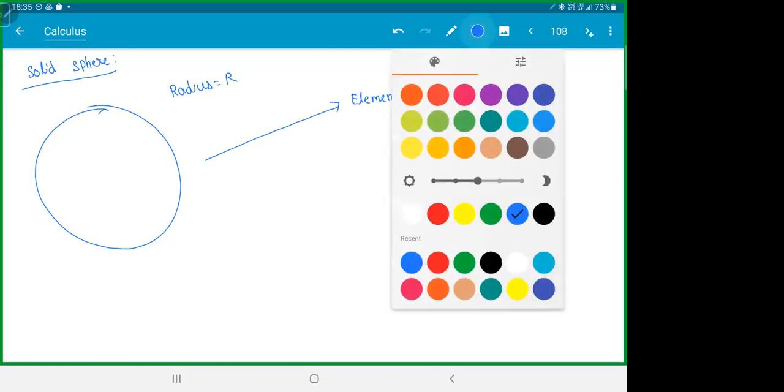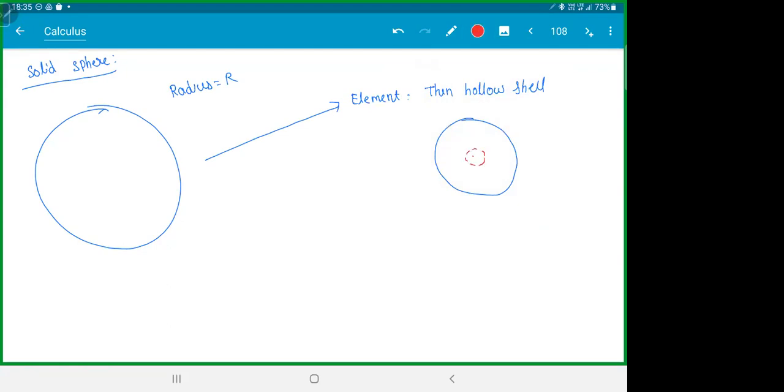Think of it like onion layers. Ever peeled an onion? You will see layer upon layer. So you can make a sphere like that. You can put thin shell layers, and we can make a full solid sphere.